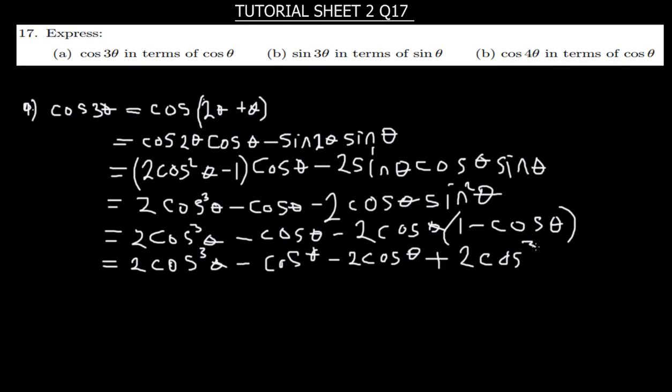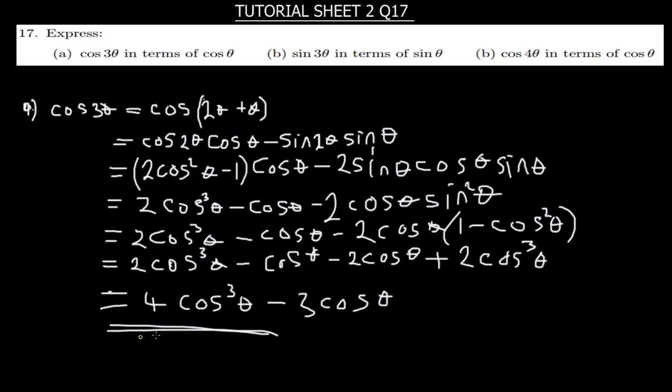So when you add the like terms, 2 plus 2, you get 4 cos cubed theta. And then when you add these, you have negative 3 cos theta. So this is your final answer for this question.